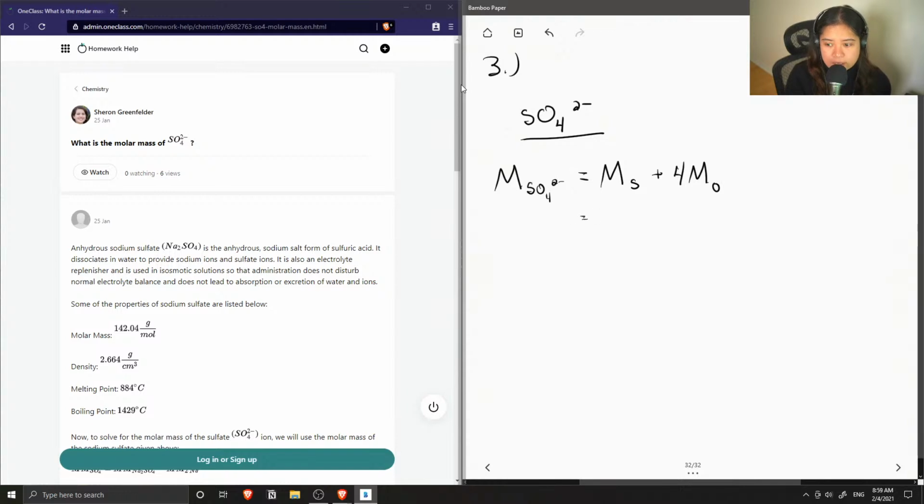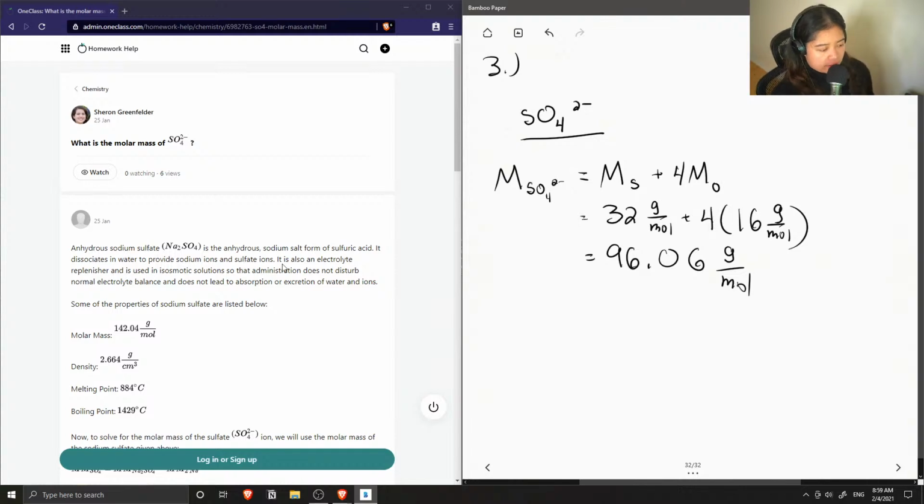So the molar mass of sulfur is equal to 32 grams per mole, and the molar mass of oxygen is around 16 grams per mole. So if we add these values up, we end up getting a total molar mass of 96.06 grams per mole.